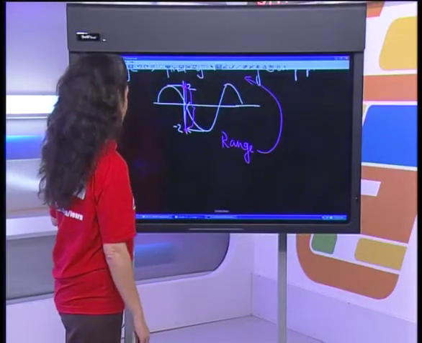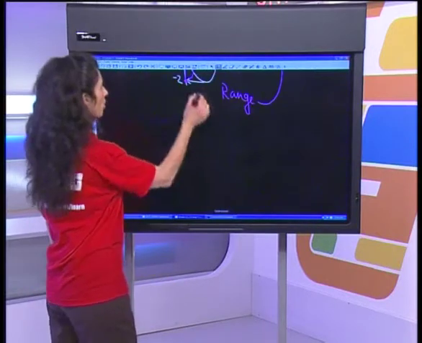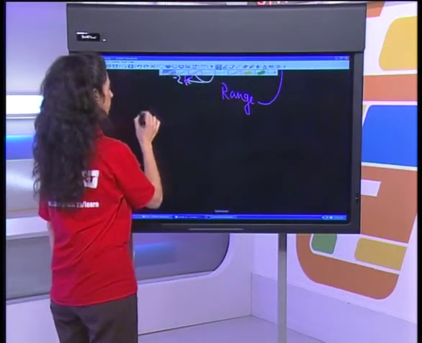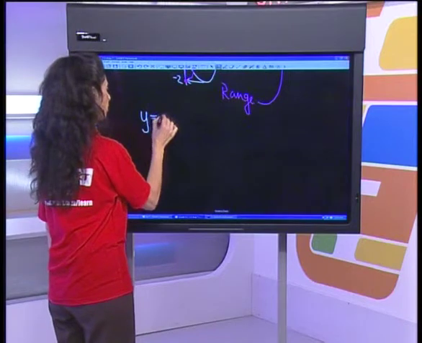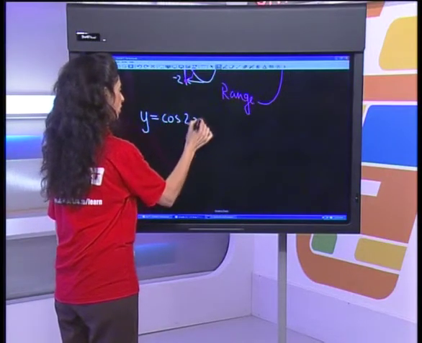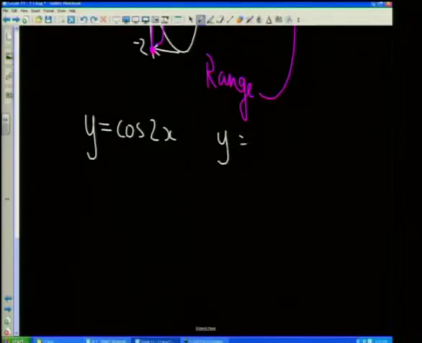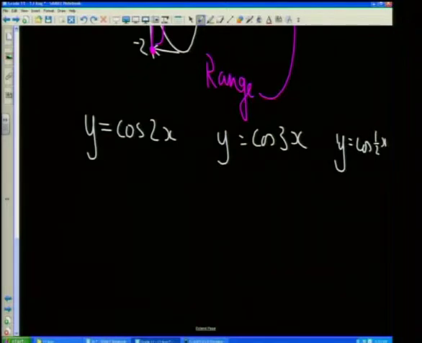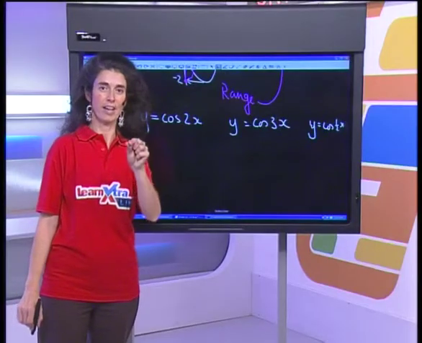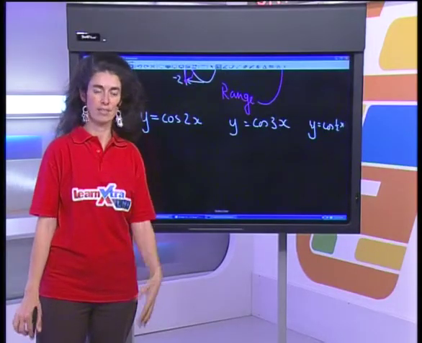Just to recap, what is the period of cos 2x, what is the period of cos 3x, what is the period of y equals cos a half x? The question that you asked was, will we always divide by the given? Absolutely. It's the given that's important.